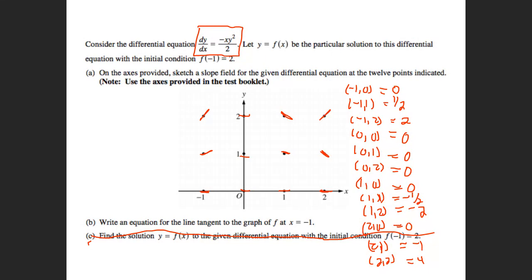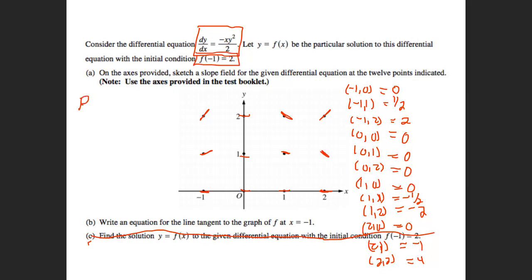Now, part B says write an equation for the line tangent to the graph of f at x equals -1. I think this is what I was trying to get at in the last problem. Well, up here, it told us at -1, 2.